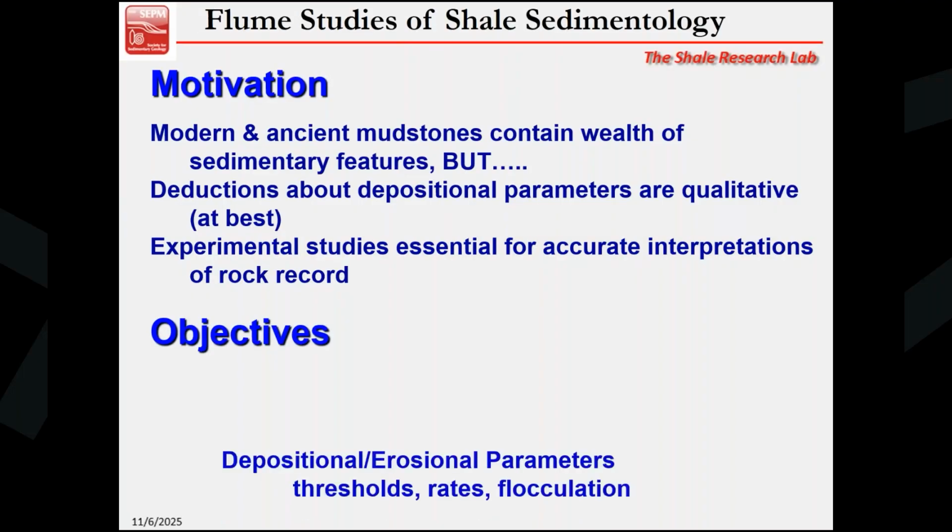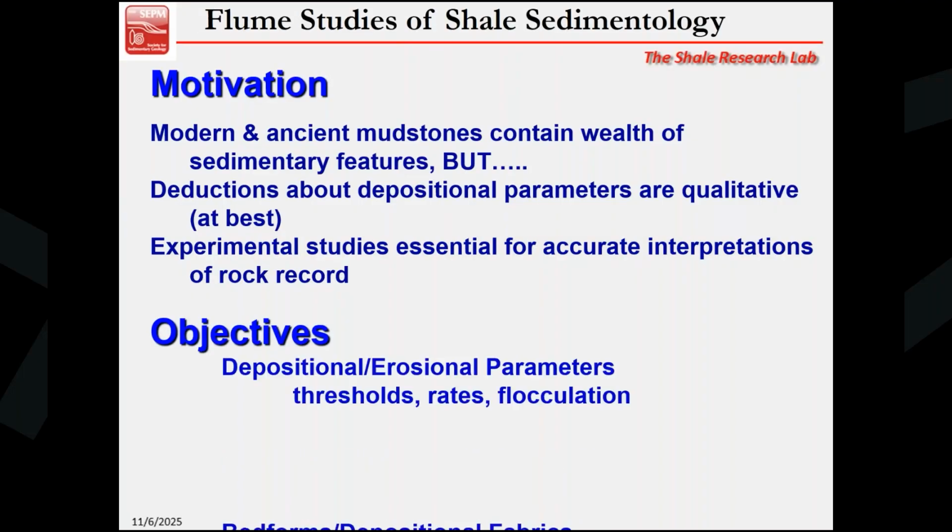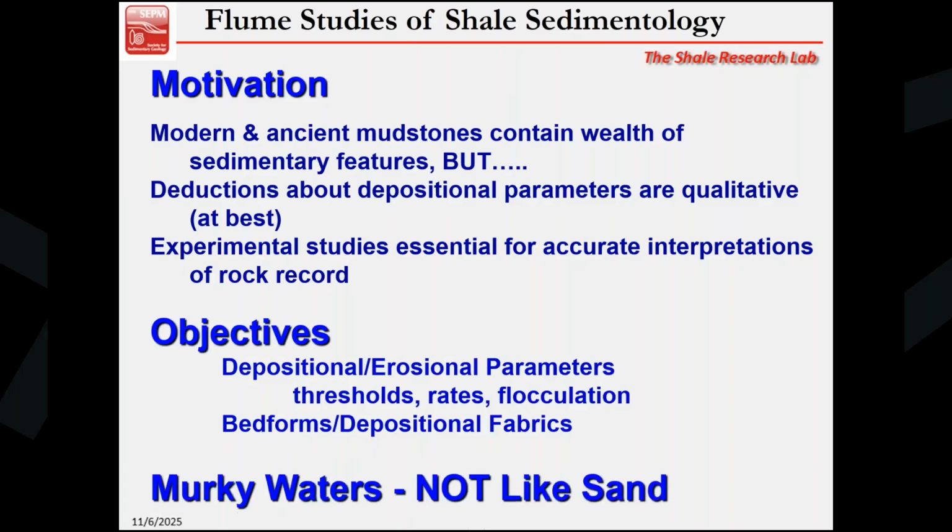If you look at them, thin sections, polished slabs, and so forth, you see a lot. You can make deductions about depositional parameters, but you are so far out at one side of the scale spectrum that your deductions are qualitative at best. There's no experimental work to back up anything that you're seeing out there.